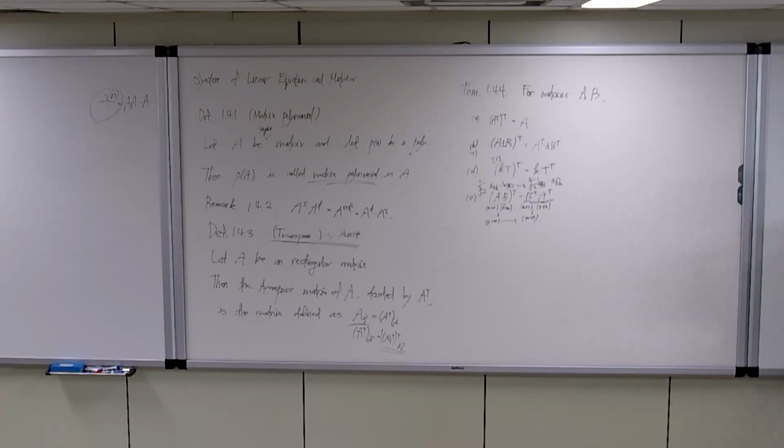The sum of a_ij b_jk is the definition of AB.